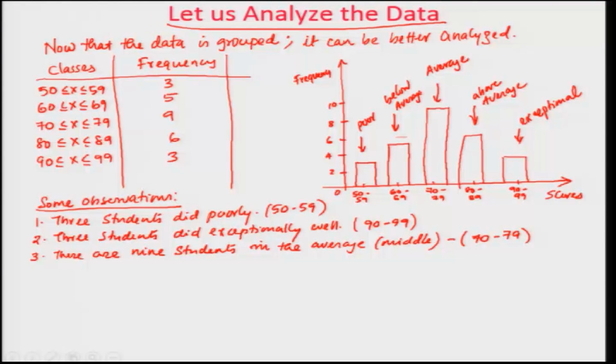So you can see how nicely we can analyze. In this class there are 3 exceptionally good students, 6 above average students, 9 average students, about 5 below average students, and 3 poor students. This tells you how to analyze the data.